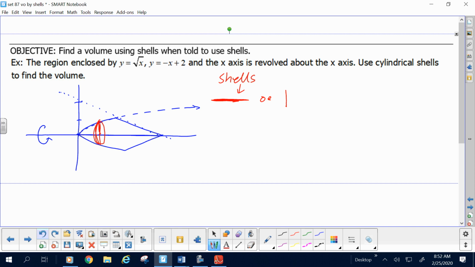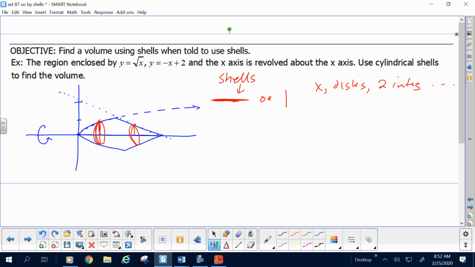So, what kind of variable is that slice, or that kind of slice? Is that X or Y? Okay, so I could find the volume two ways, depending on what the question asks. I could use that, X, discs, and how many integrals? Two. Why two integrals if I use that? I had to go to different points, okay? I could use X, discs, two integrals, if they didn't care how I did it.